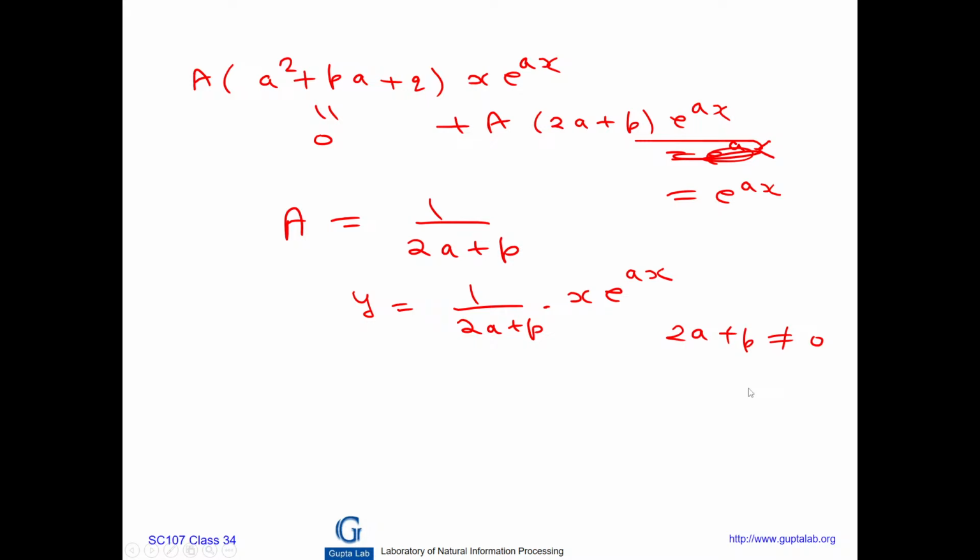But what if a is equal to minus p by 2? तो फिर प्रॉब्लम आएगी. अब क्या करें? Any smart person in the class? अब मैं क्या करूं? अभी फिर प्रॉब्लम है ना.